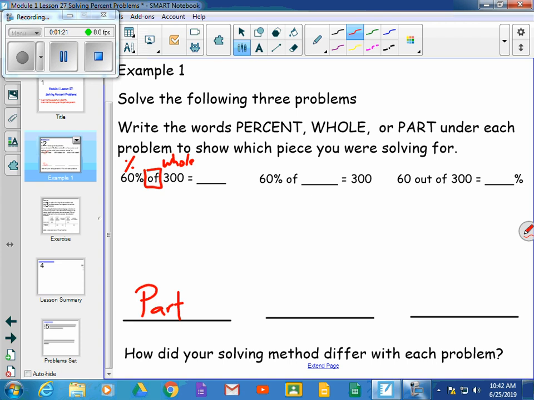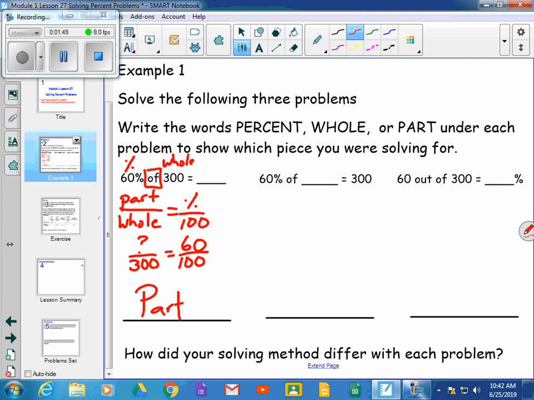If I was to set that up using my equivalent ratio, I would say part over whole equals percent over 100. I'm finding the part. The whole is 300. The percent is 60. And of course, the percent always goes over 100.